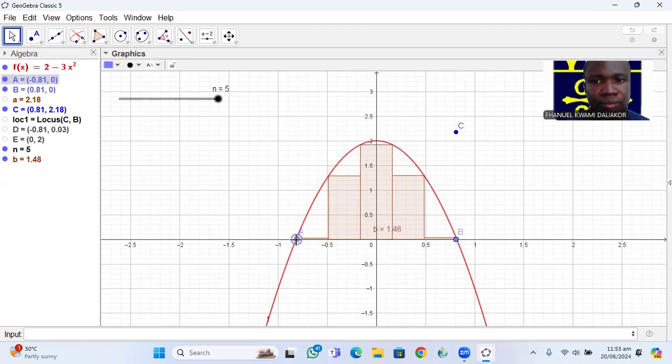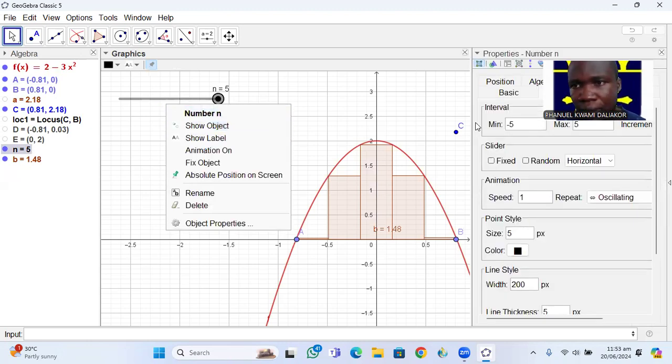Okay. So now we can edit our slider. Still loading. Okay, let's wait for it. Now we have it here.